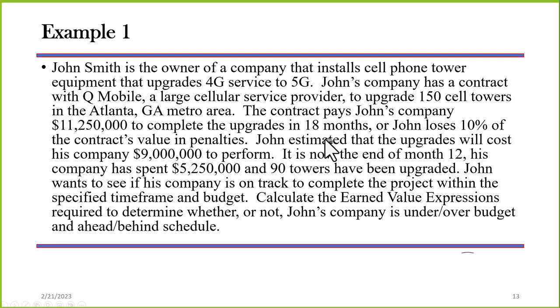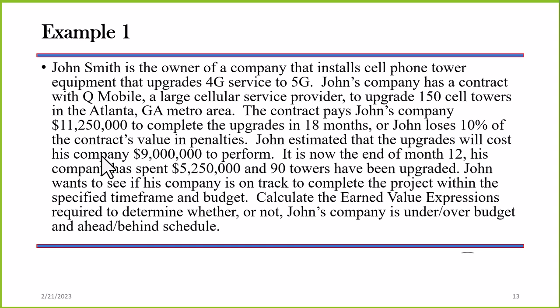And there's some risk involved here, because if we don't meet that 18-month schedule, then we're subject to a 10% penalty. Now, John estimates that his company is going to require $9,000 worth of expenditures and costs to perform this project. We're now in month 12. We have spent $5.25 million, and we've upgraded 90 towers. Now, that's the type of information you have to collect to be able to do earned value analysis.